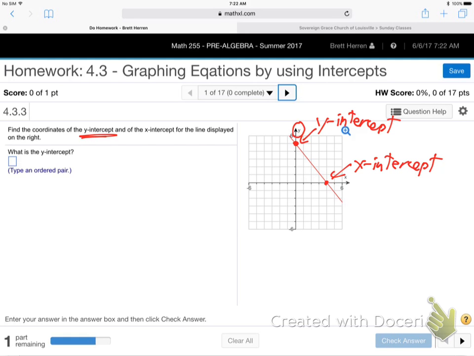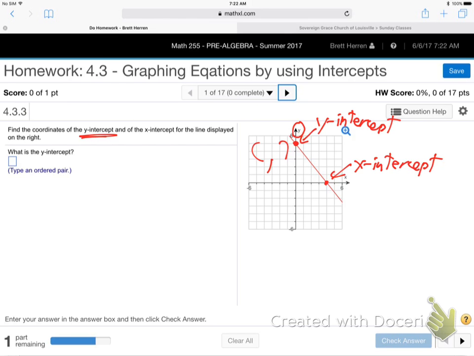Now, remember how every dot on a graph has 2 numbers associated with it? Parentheses, 2 numbers, a comma. So what would be the 2 numbers that make the 1 dot of the y-intercept?